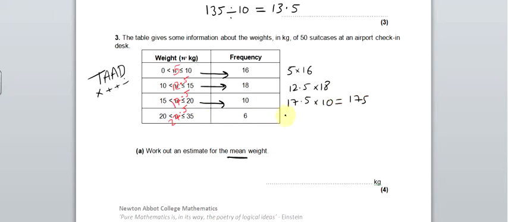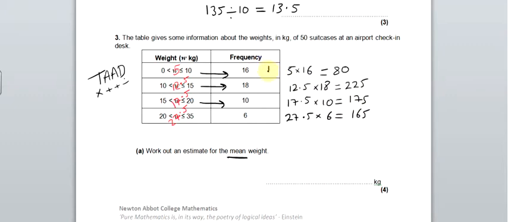And then finally we've got 27.5 times 6, and at this point I'm going to reach for my trusty calculator. 5 times 16, that's 80. 12.5 times 18 is 225, and 27.5 times 6 is equal to 165. So there's the times bit.